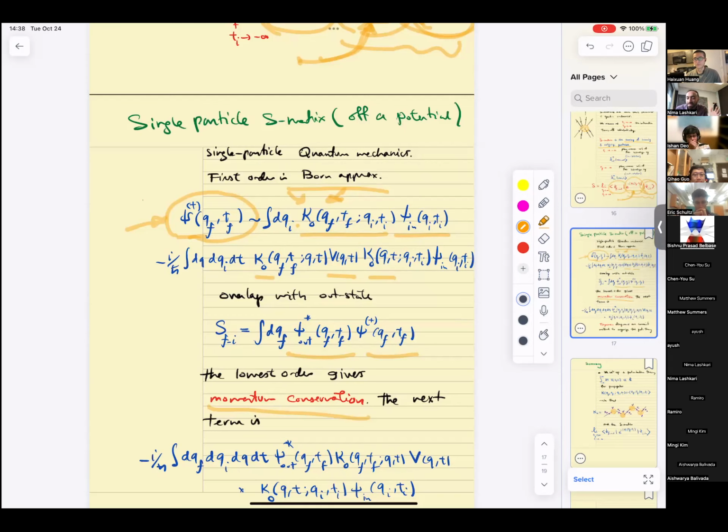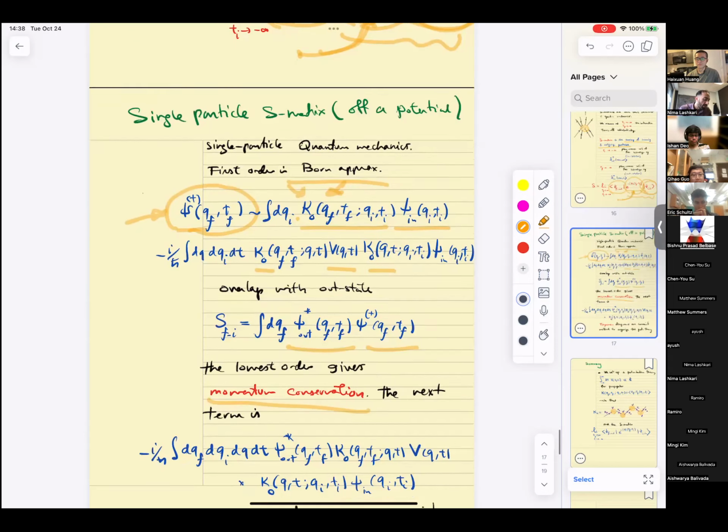That's it. And the propagator does a bunch of phases, like as particles propagate, there will be on-shell phases. So that bit is boring, but it's important because it ensures energy and momentum conservation.